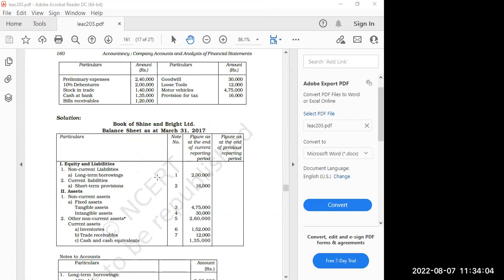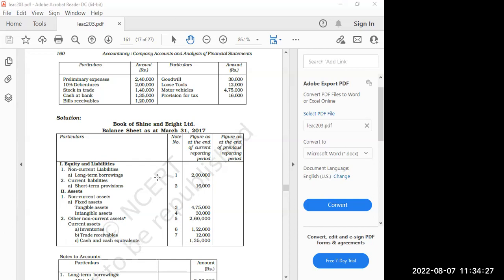Trade receivables. What are trade receivables? Bills receivable and debtors are called trade receivables. Bills receivable plus sundry debtors, both put together we call trade receivables. So how much is there in this question? Bills receivable is 1,20,000. Am I right?